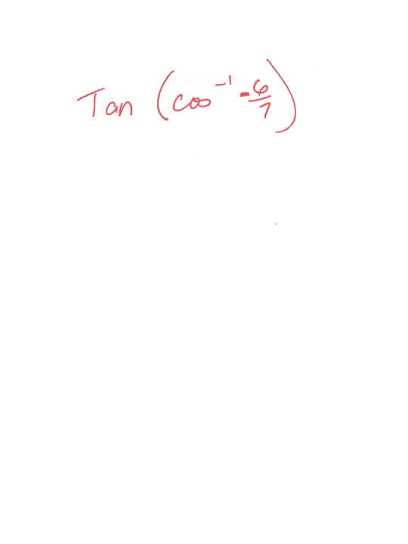Remember, I told you we're going to first look here, then here, then here, and we're never going to look here. And we know that all students take calculus. So in the first and fourth quadrant, cosine is positive.